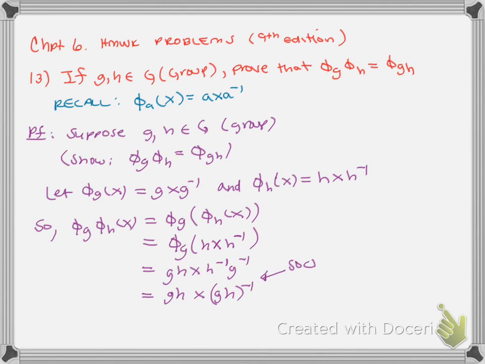That's by the socks-shoes property, which is equal to phi_gh of x. And we are done. Pretty straightforward, just understanding the definition, not too bad.